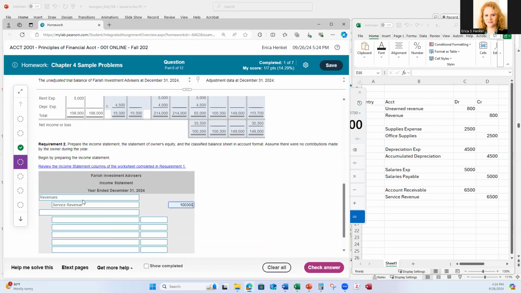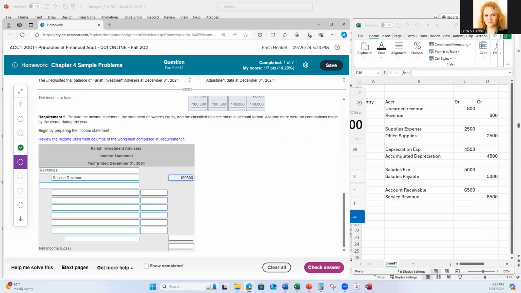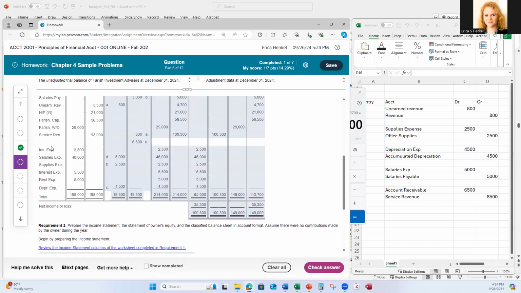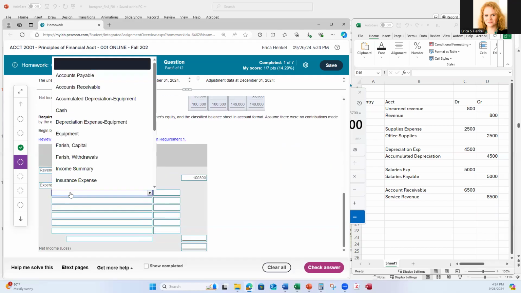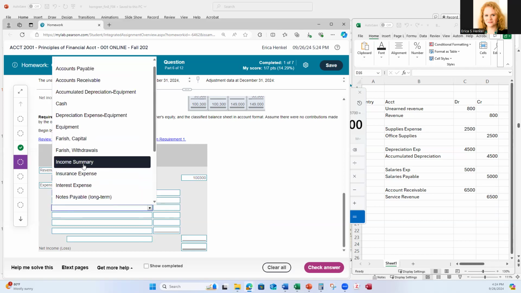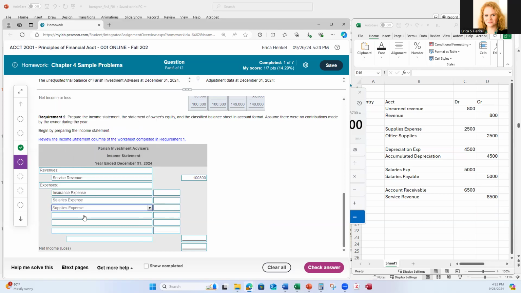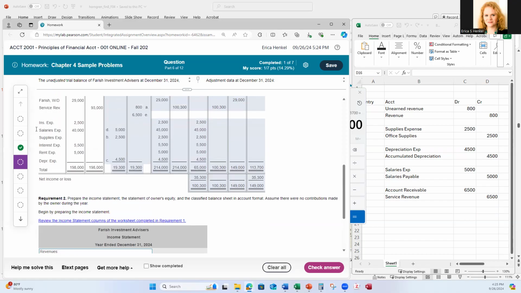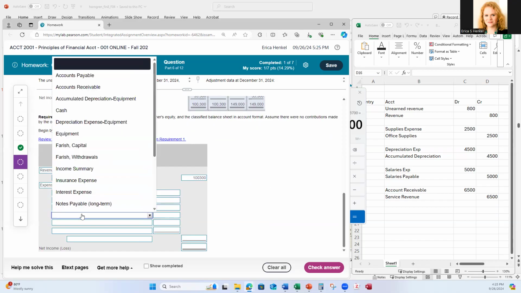And then next, the next section on an income statement is going to be your expenses. So we're going to list off these ones. So insurance, salaries, supplies, and then we've got interest, rent, and depreciation.